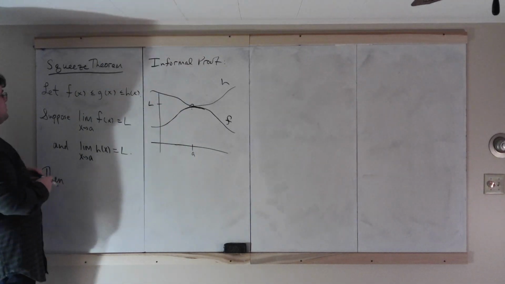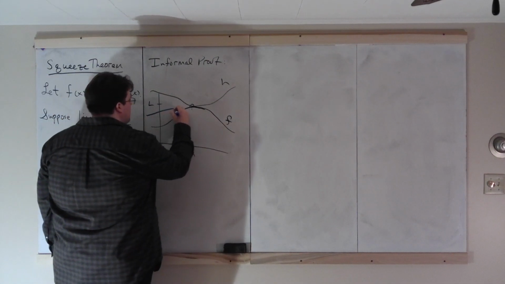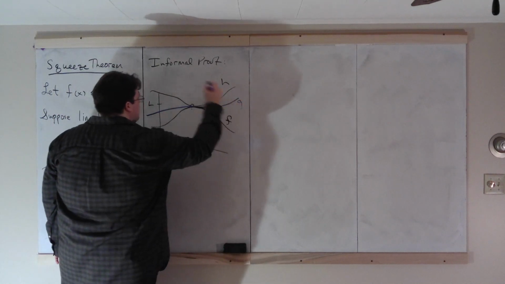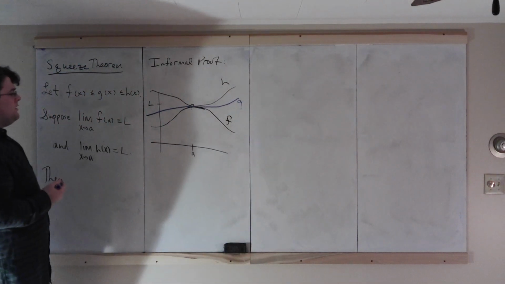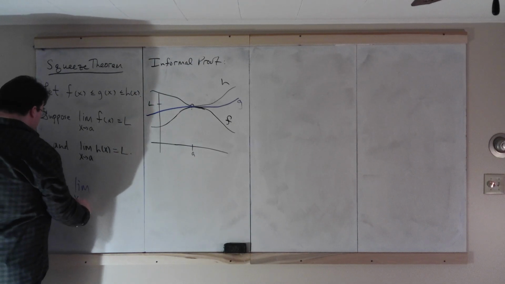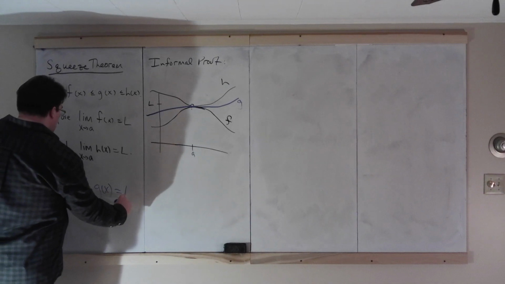What do we know about g of x? All we know about g of x is that it's between f of x and h of x. From that diagram, we see that the limit as x approaches a of g of x would also have to equal L.